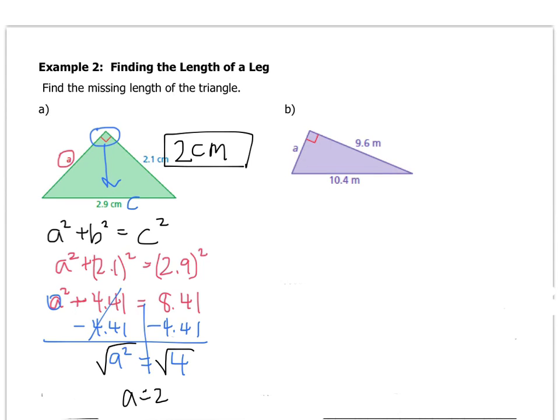And I know that this kind of makes sense because it has to be less than 2.9, which was the hypotenuse. If you want to try letter B on your own, go for it. If not, write down your formula, a squared plus b squared equals c squared. Then you have to figure out what the missing values are. So here's a, and b is either 10.4 or 9.6.